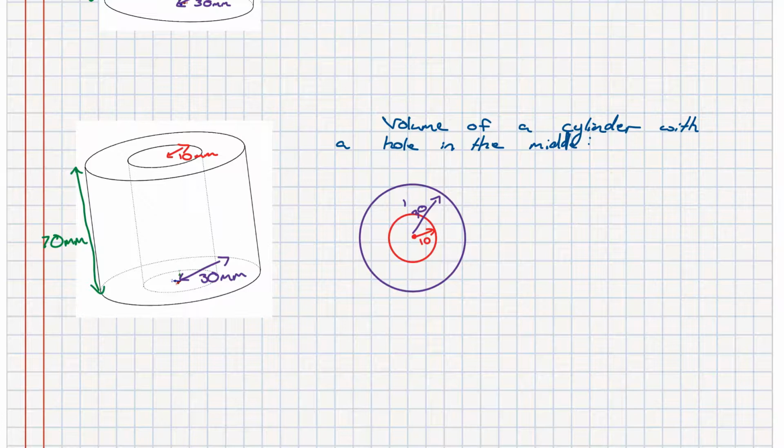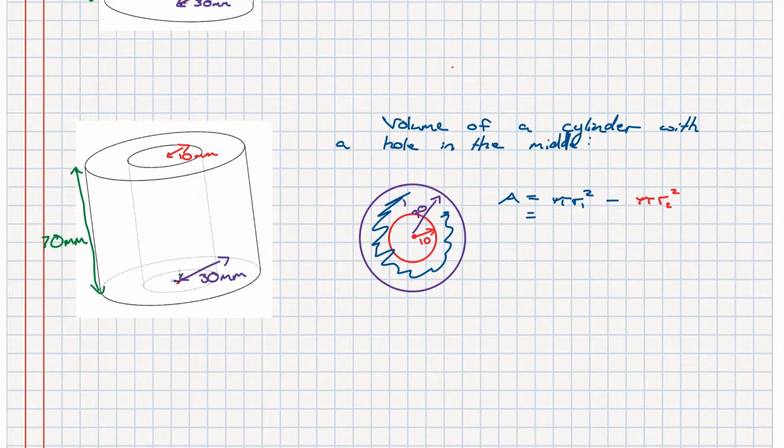So if we're going for the area here, the area being this blue part here, it will become pi r squared take pi r squared, and we need a 1 and a 2, and it will be the purple one take away the red one, like so.